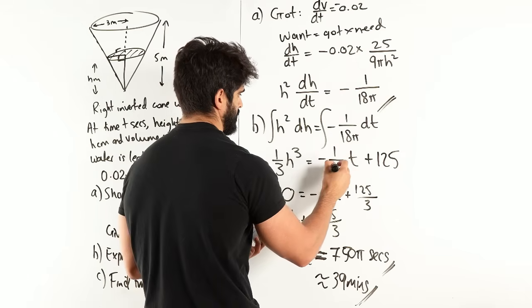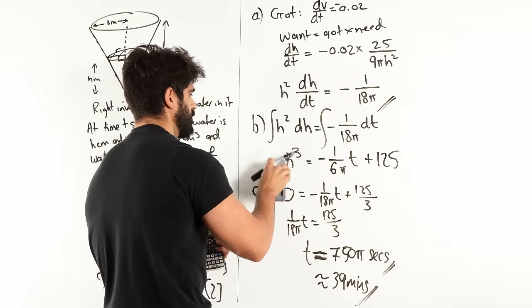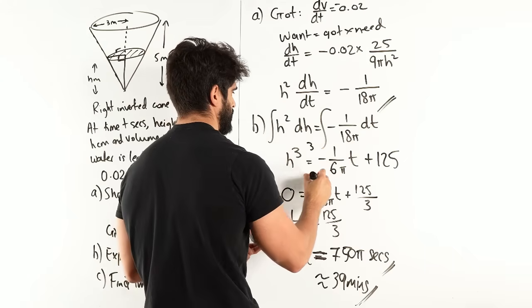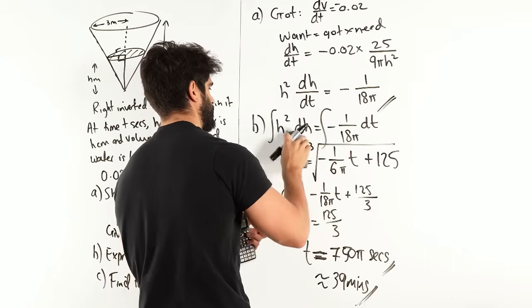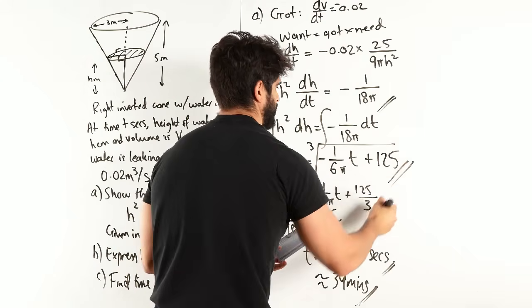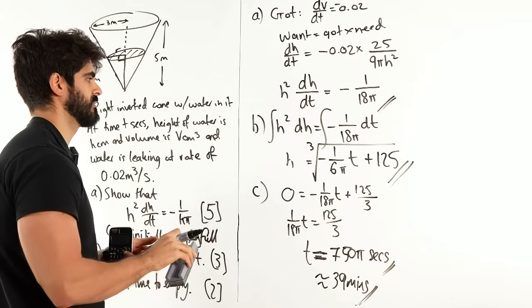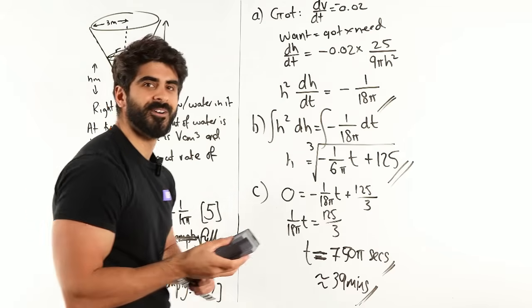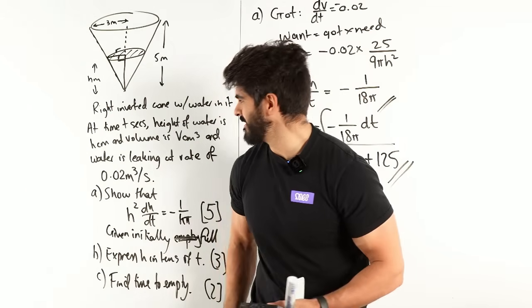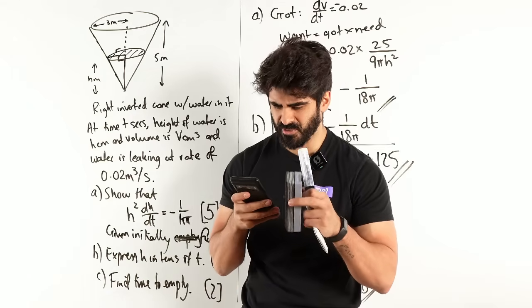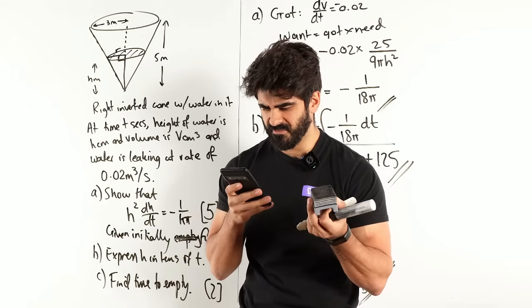Right? And then we cube root all of that. Okay. That, I am now confident, is okay. Let me just double check this question again. Yeah, I'm not missing anything.